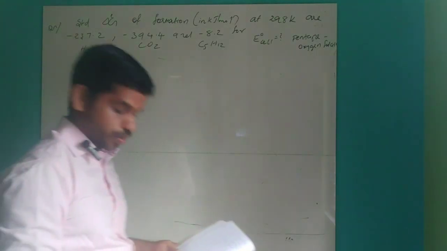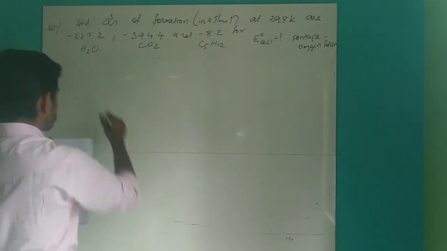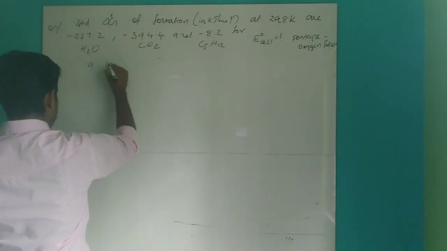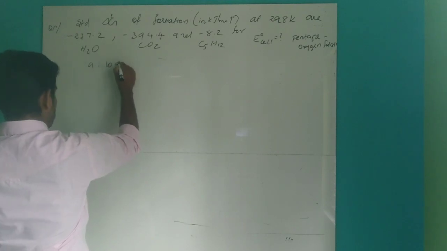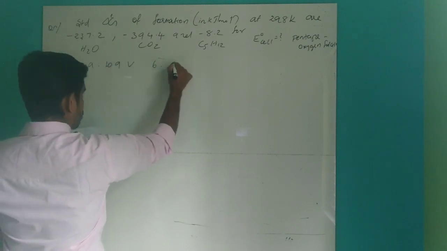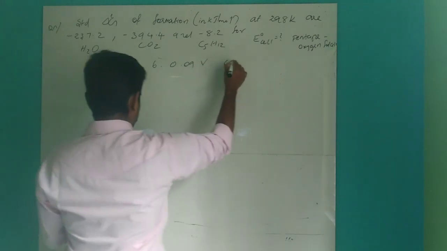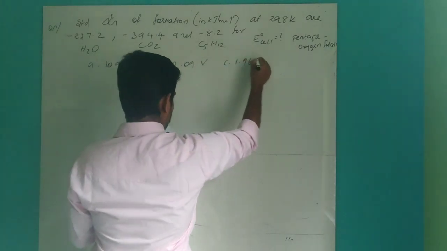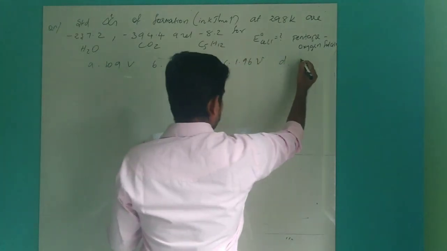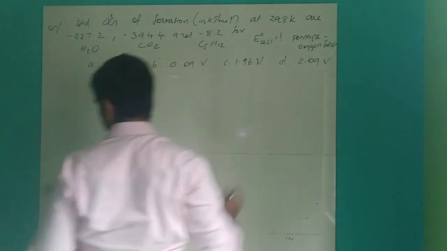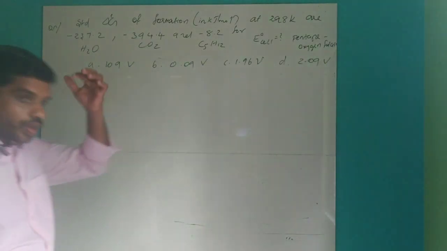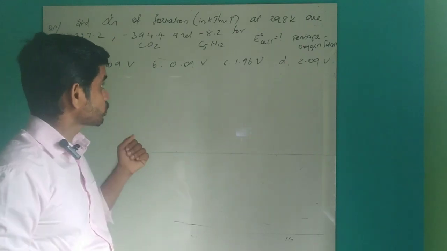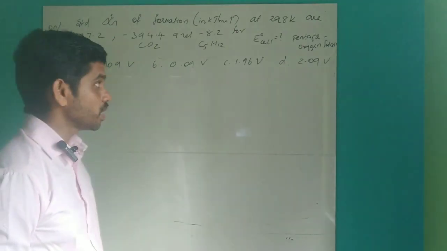So this is the question. Okay, options: A 1.09 volt, B 0.09 volt, C 1.96 volt and D 2.09 volt. Okay, so you have to find out what is the E0 cell for the pentane oxygen cell.